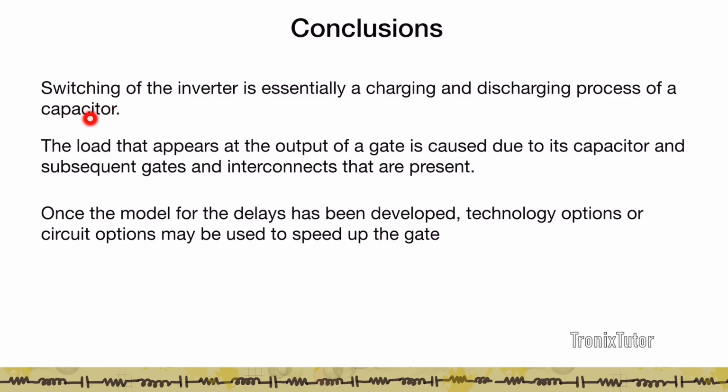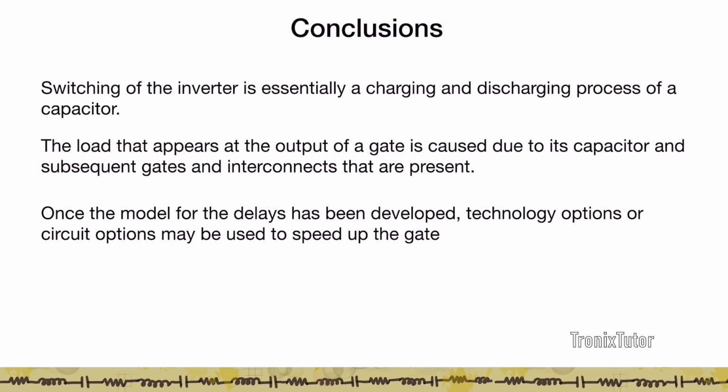Now the load at that inverter consists of multiple things. This output capacitor consists of some capacitance related to the inverter itself. It also comprises of interconnects which might be connected to the output node, and it comprises of the gate capacitance associated with subsequent gates that are connected to this node.